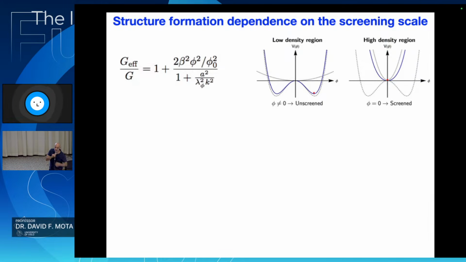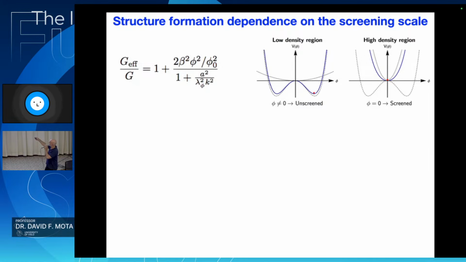For the case of the symmetron, my G effective now becomes scale dependent. There's a k there, so the value of my gravitational constant, G effective, is what I get when, instead of having Newtonian plus the scalar field phi force, I put it all together and just say matter clusters with a G effective. Yes, I hope that's clear.